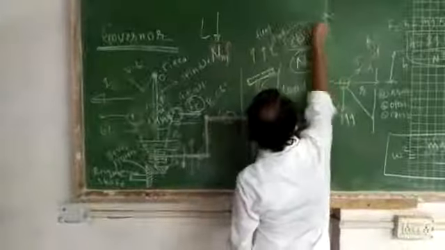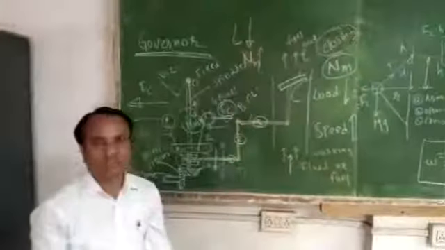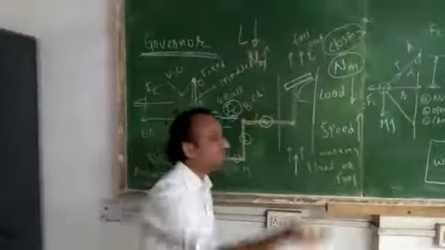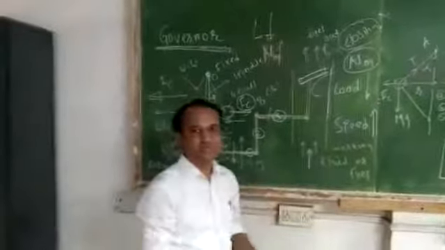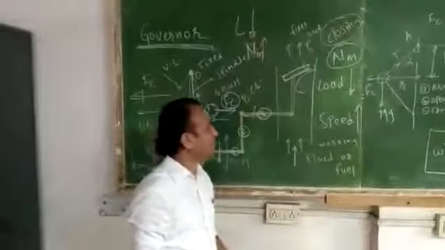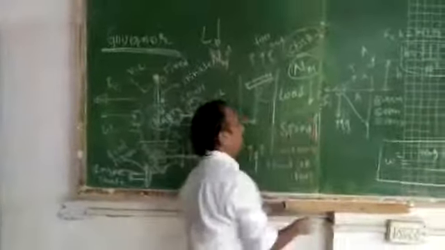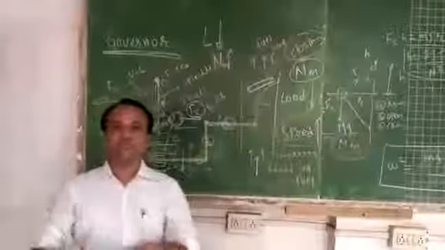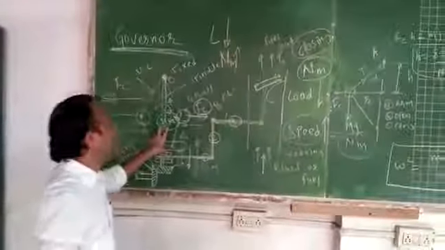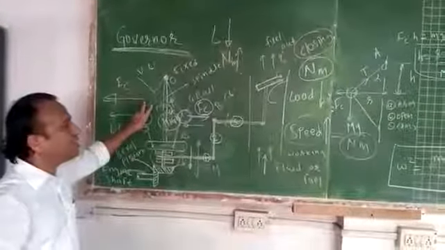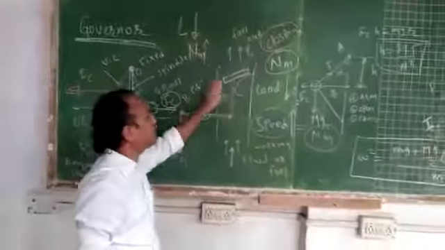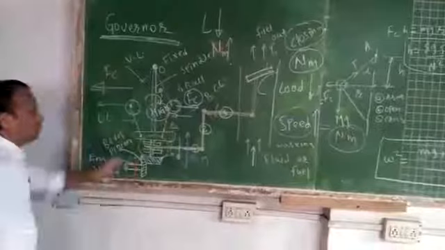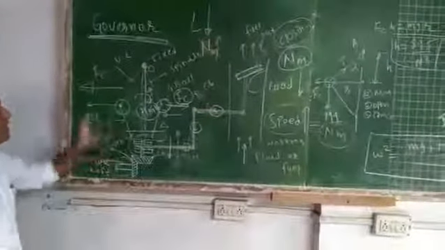Since there is gradual closing of the throttle valve, lesser fuel will be supplied to the engine. So as lesser fuel is supplied, the speed of the engine again achieves nearer to the mean speed. So the governor gives the indication to the fuel supply system. By regulating the fuel, we can maintain constant engine speed.